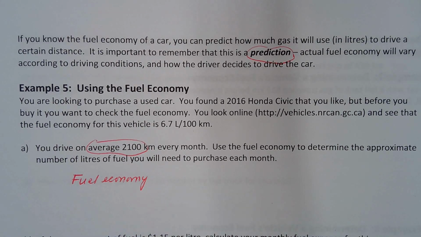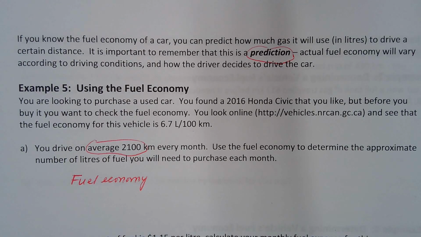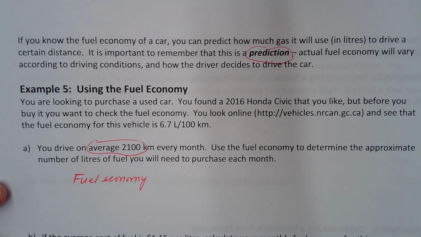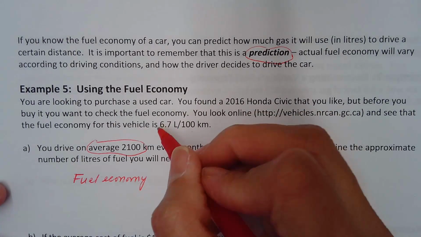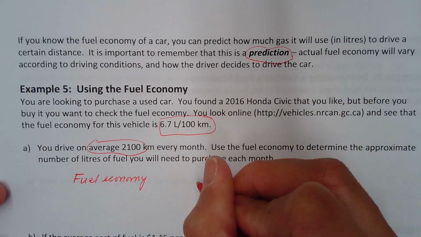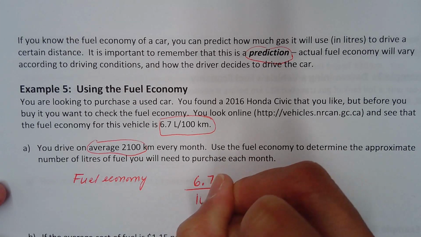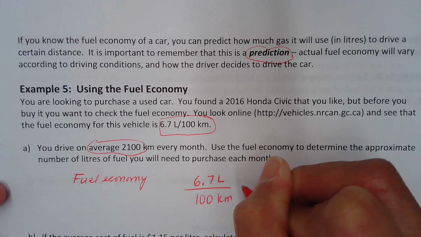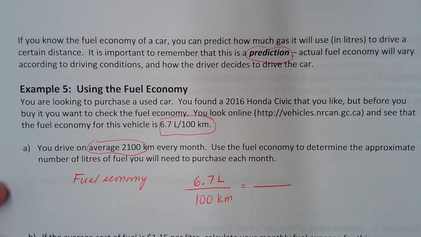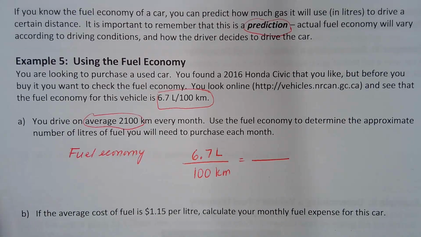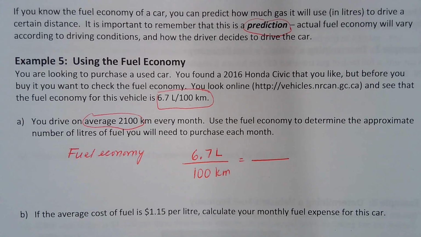Okay. So I'm going to show you a step by step on how to do that. Okay, that's pretty good. Here we go. So I know the fuel economy is 6.7 liters per 100 kilometers.